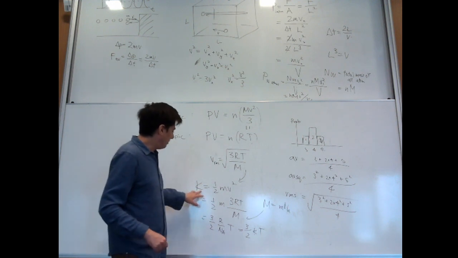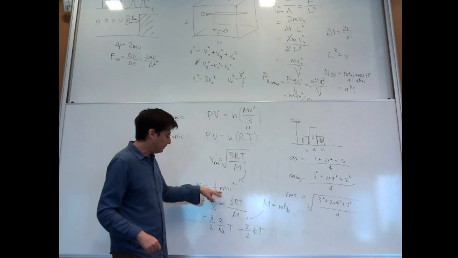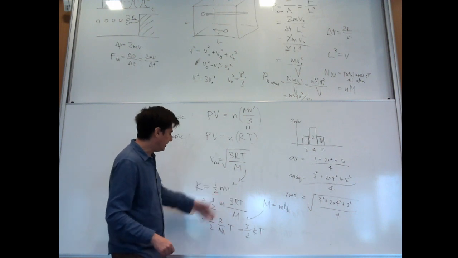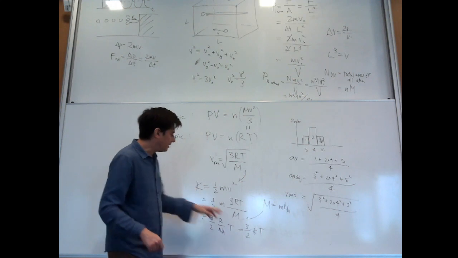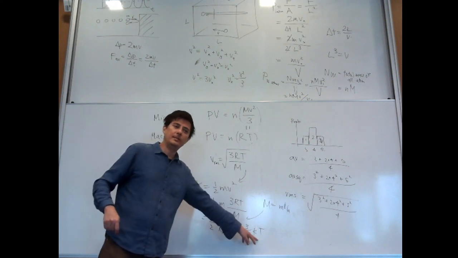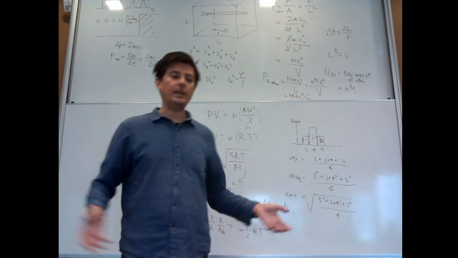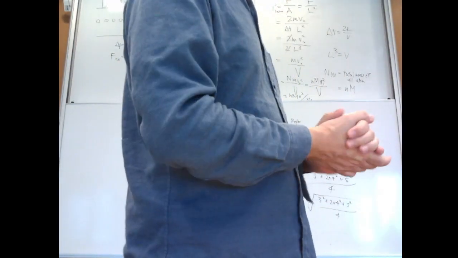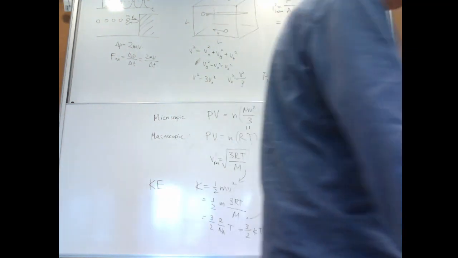This kinetic energy formula is independent of mass because the masses cancel out here. And eventually it's only related to the temperature. And the temperature is basically the parameter for how much energy the whole system has.